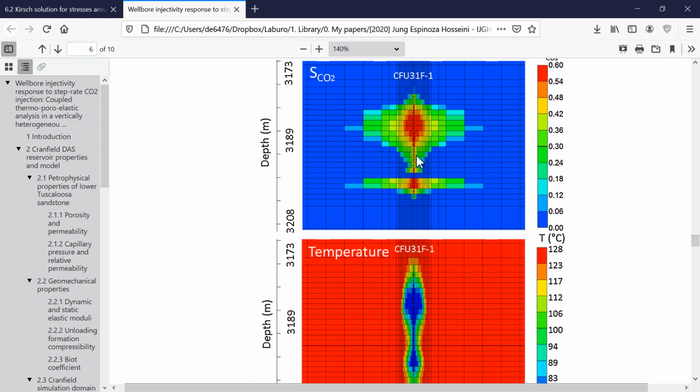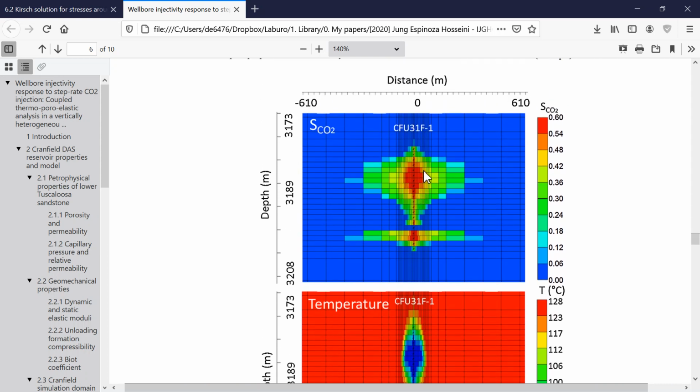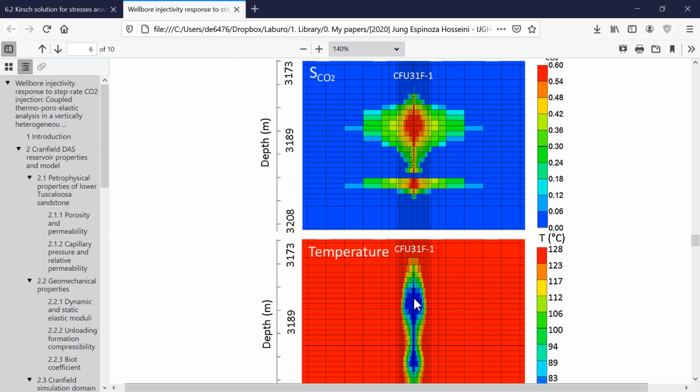And also we see that the front of change of temperature is a lot smaller than the front of the change of CO2 saturation. So that means that the injected CO2 reaches a lot further into the formation, and the temperature at the same time was just restricted to the region of the wellbore.